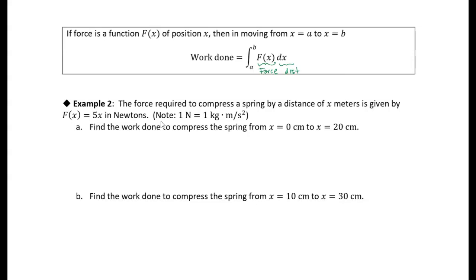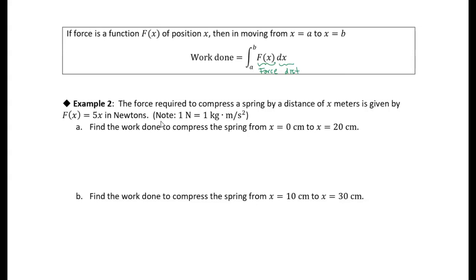All right, so this is pretty straightforward, but be careful. Notice the force is in newtons, and a newton is a kilogram meter per second squared. So if we want our units to be consistent, and we're given x values in centimeters, we don't want x values in centimeters. We want them to be in meters so that they are consistent with the units of a newton.